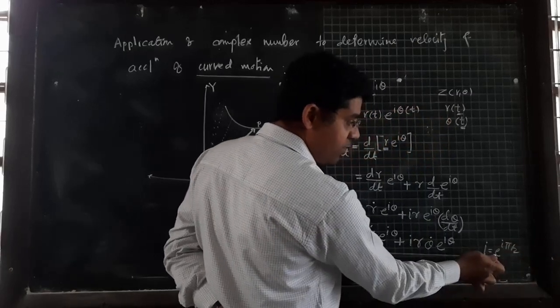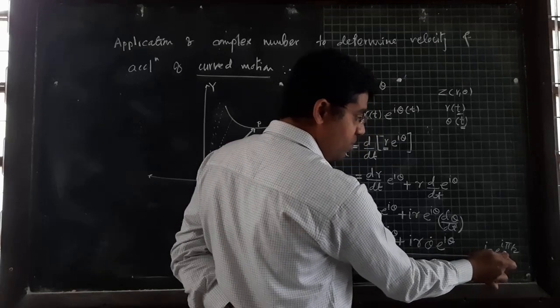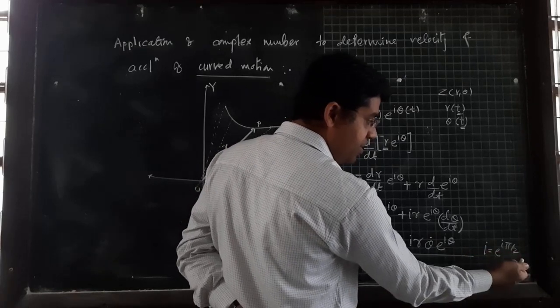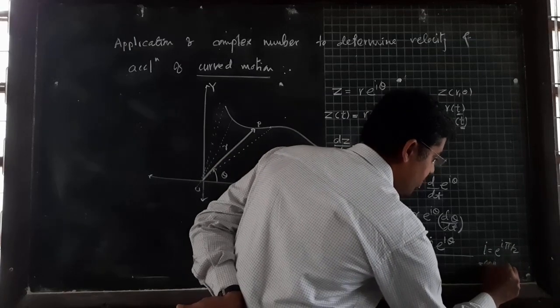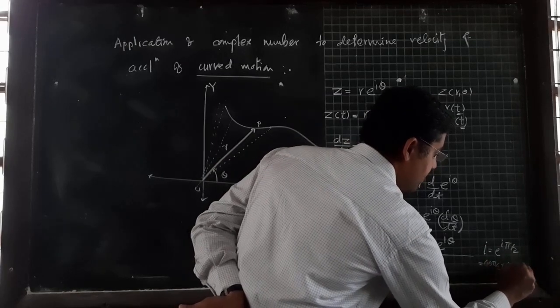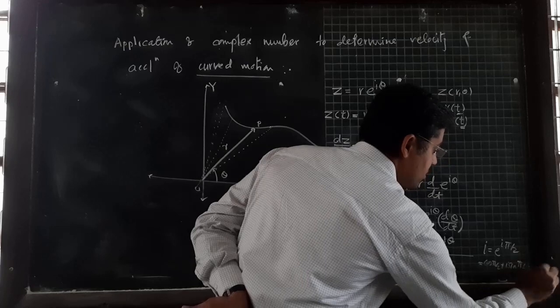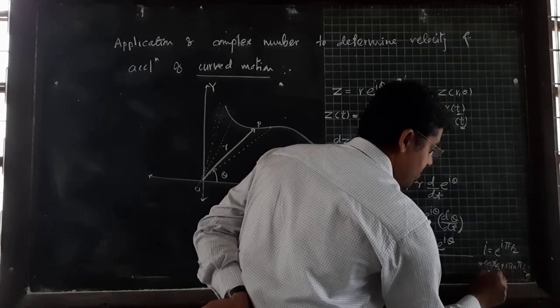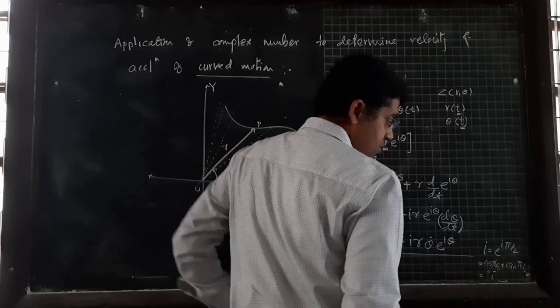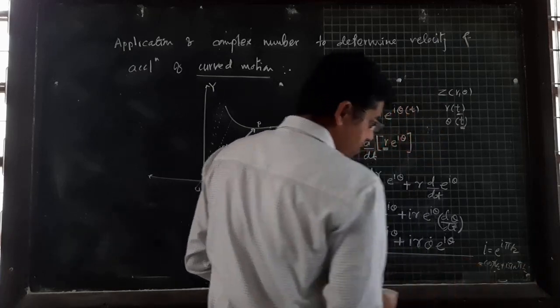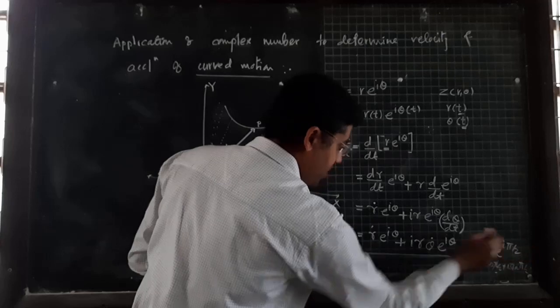Okay, this is Euler formula: cos of pi by 2 plus i times sin of pi by 2. Sin pi by 2 is 1, cos pi by 2 is 0, so basically you will get the i. So instead of this i, we can write e raised to i pi by 2.